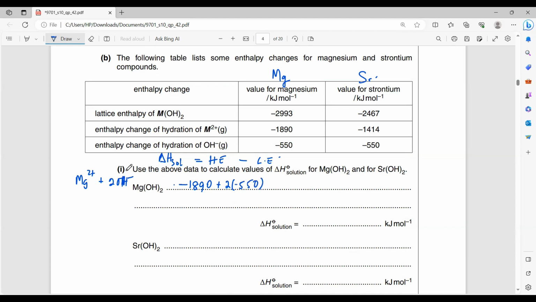You're adding them because they form your magnesium hydroxide. Now minus your lattice energy.